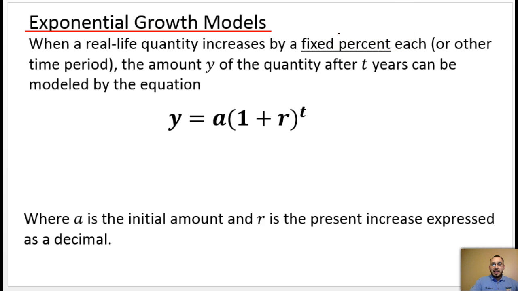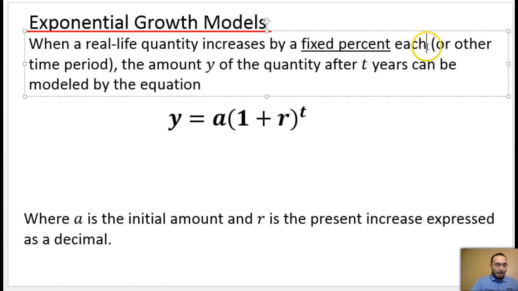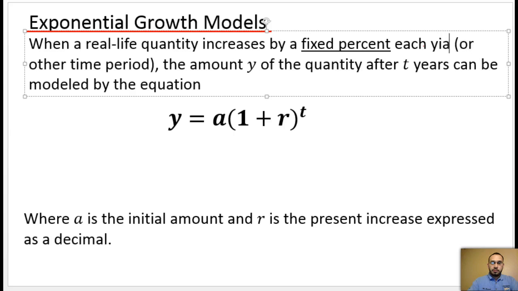So it should be by a fixed percent each year. So those of you that are my students know that this is very common. I forget to type stuff in. Fixed percent each year. Well, there we go.